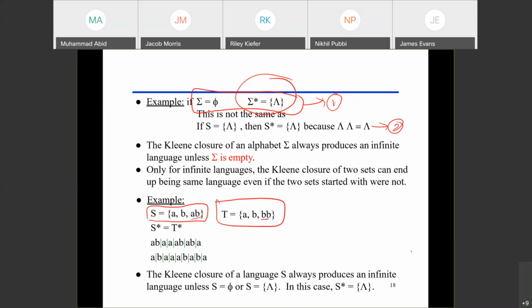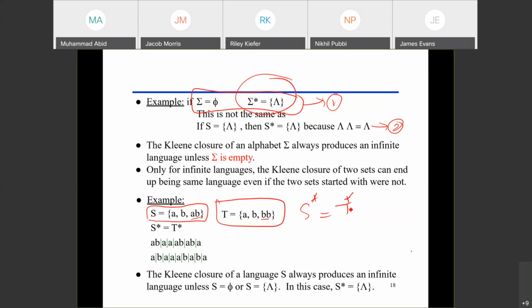But it is possible that when you apply the closure property, the star property, on these two languages, the resultant language will be the same. So S star will be equal to T star. This is possible: regardless that your basic building blocks are not the same, when you apply the star property, the resultant languages are both the same.